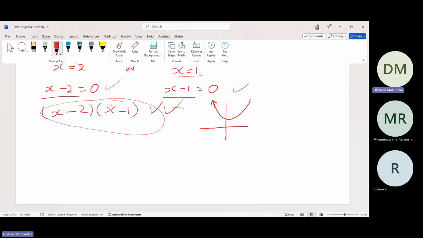I'm not going to do an equation of that function, but let's say that function has an equation. When you solve that equation, how many solutions were you going to find?